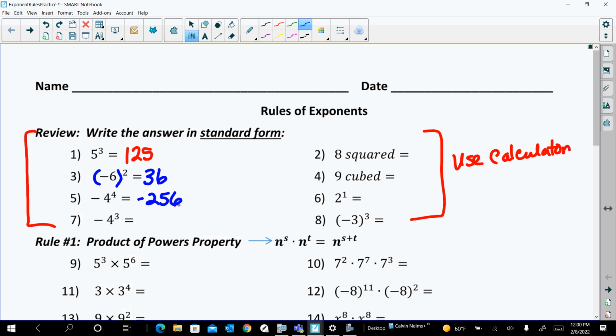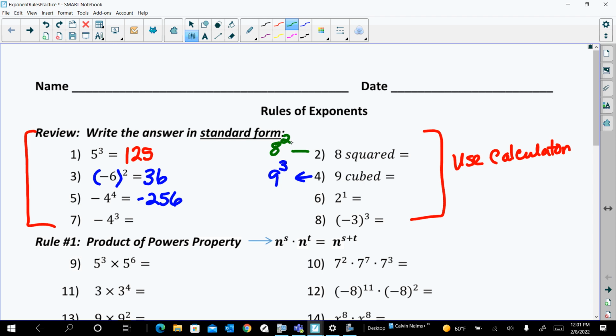Using exponents greater than 2, okay? If it says cube, guys, that's the same thing. Sorry. It's to the 3rd power. Cube means to the 3rd power. Square means to the 2nd power.